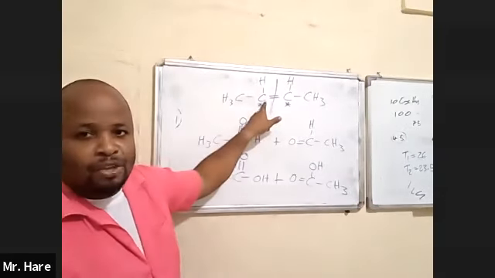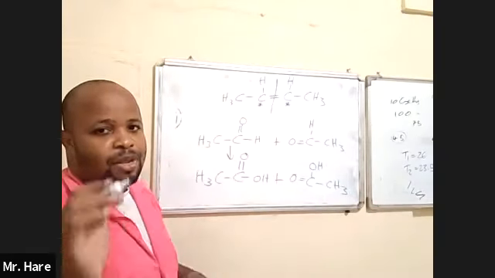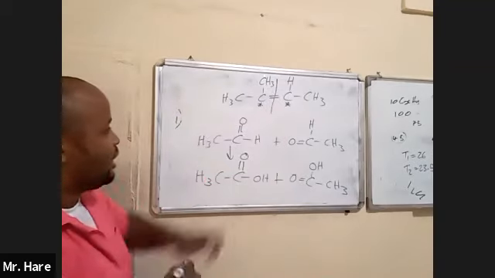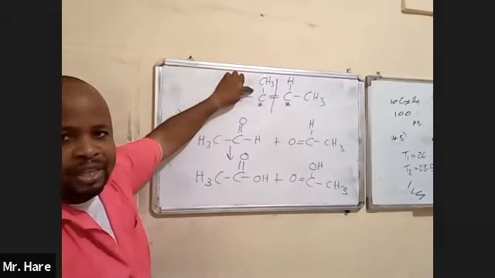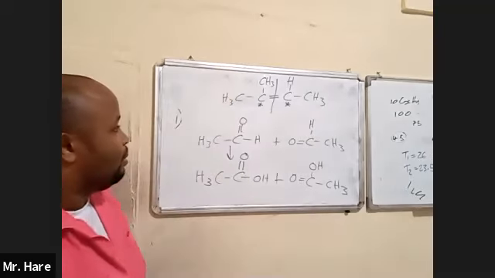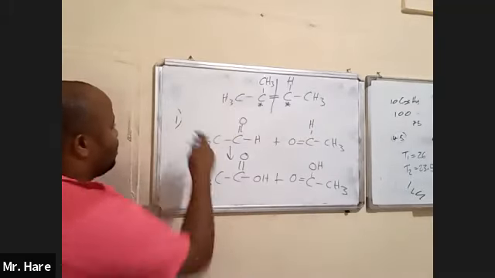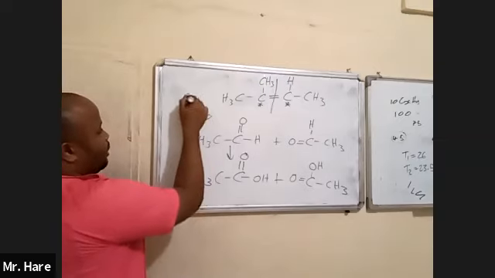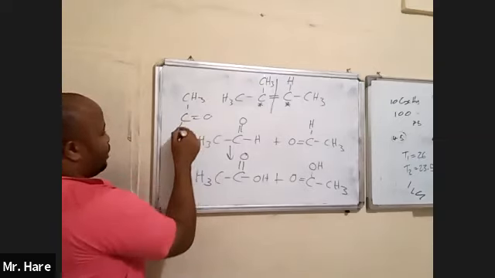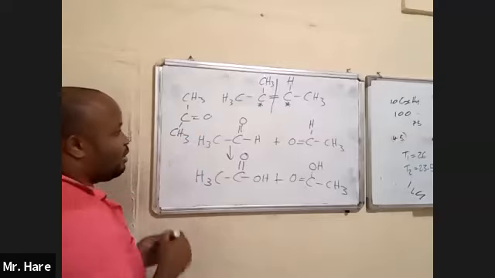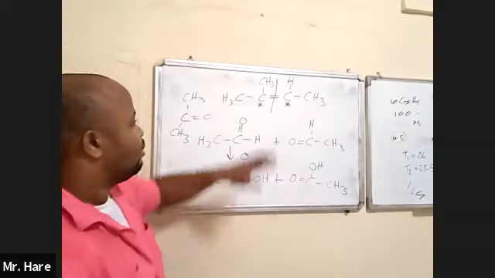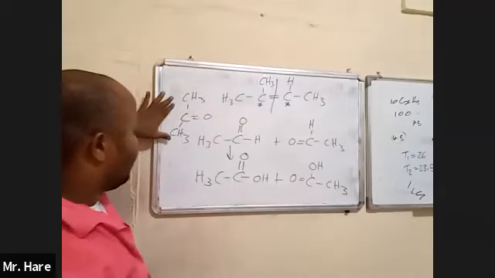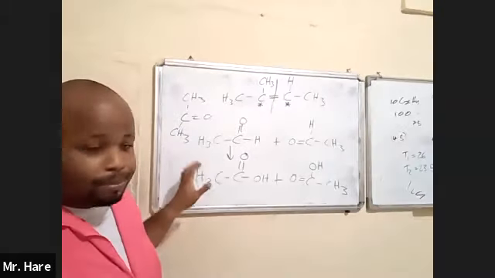If the carbon of the double bond has no hydrogen, look at it in this case. If it has no hydrogen, that is when you get the ketone, because at this point, you would have gotten C double bond O, CH3, CH3. All right, so you can make a note. No hydrogen, you will get a ketone and it stops there.